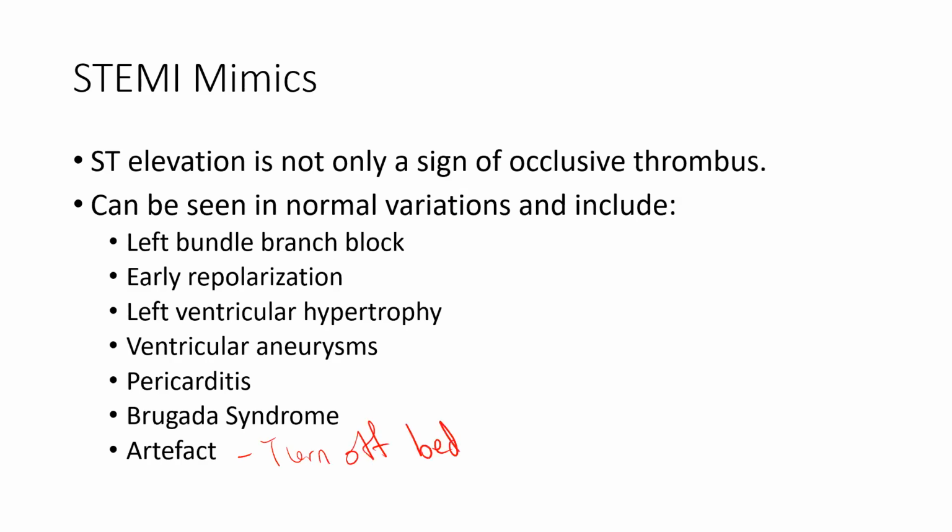If they're on an electric bed, or if they've got any electrical appliances nearby, make sure they're turned off. Very commonly, especially if you go to elderly homes, they may be on an electric chair that moves and turns. So just make sure that's turned off before you do the 12 lead, and also your pacemaker.